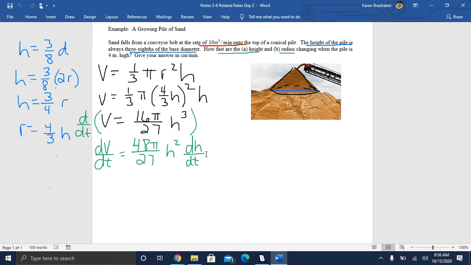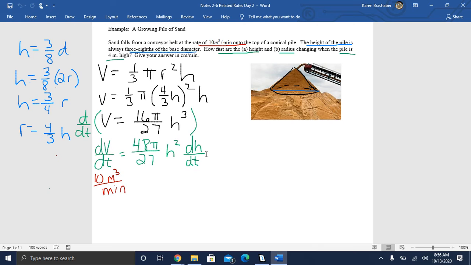Now we can substitute in our other given information. We were asked about the height when the pile is 4 meters high, so when h is 4. We were given dV/dt, that's 10, and that is cubic meters per minute.